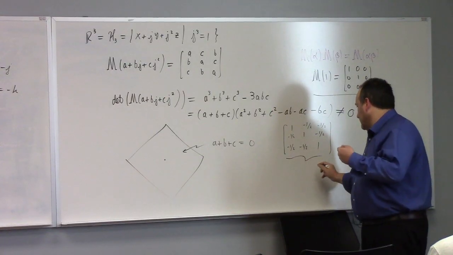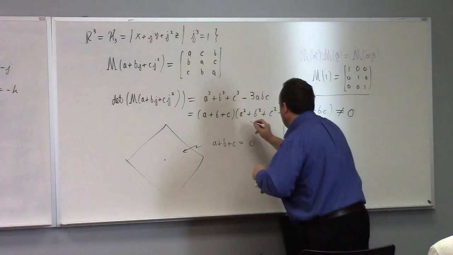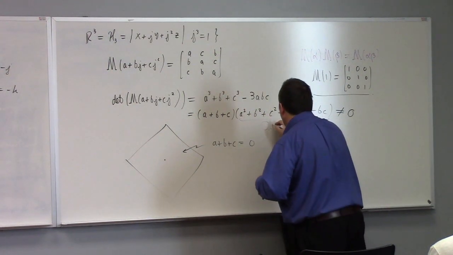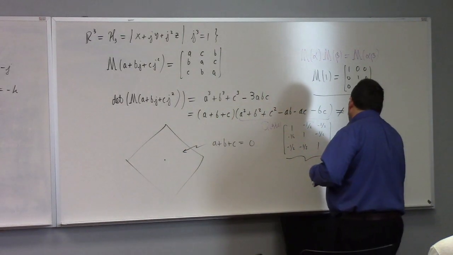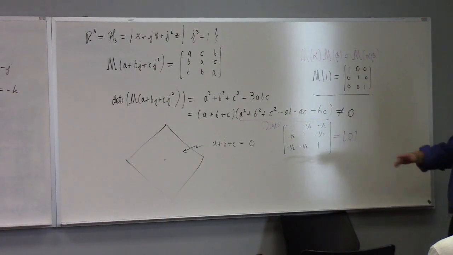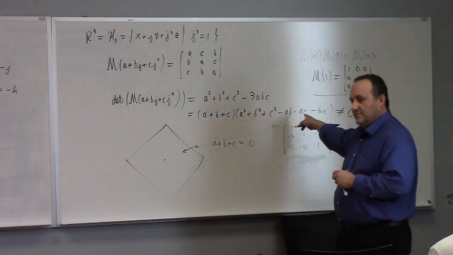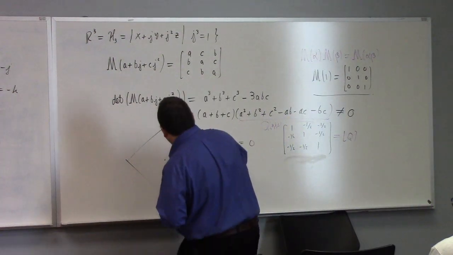If I call this piece Q of ABC, this is the standard symmetric matrix of that quadratic form. And if you study this quadratic form, you can find out that I think it's got a complex eigenvalue if I remember right, and one real eigenvalue, which is 0. And the eigenvector is actually 1, 1, 1, which is to say that the only way to make this expression 0 is to go through the normal line.